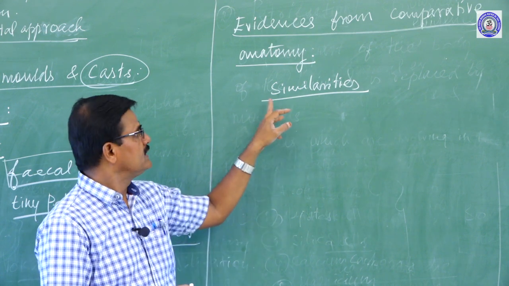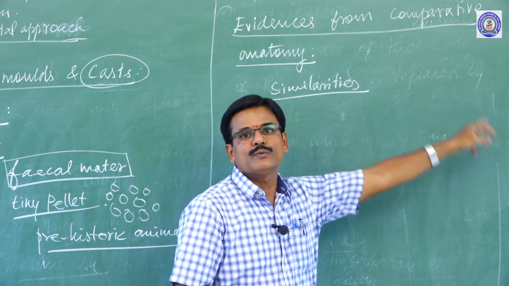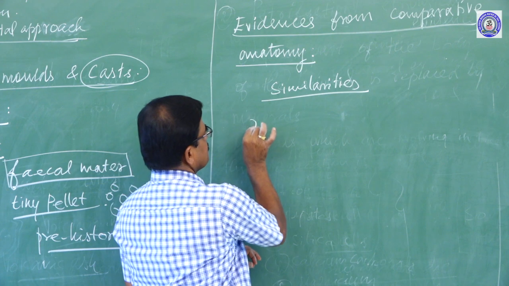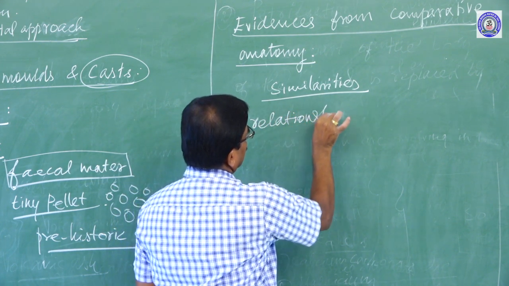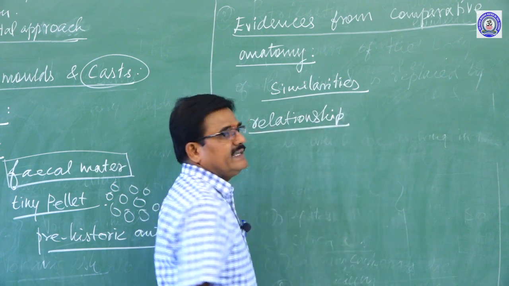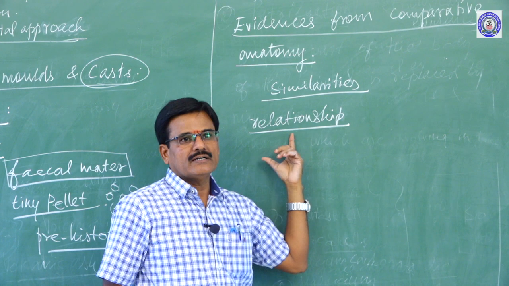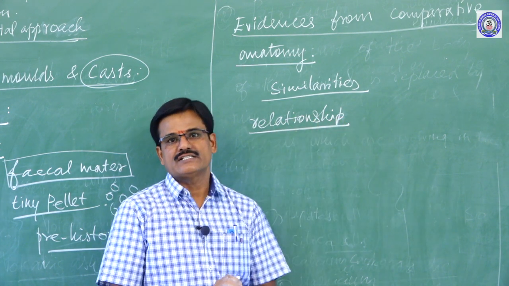Similarities found in different groups of organisms are indicators of relationship. If any characters are present in both groups of organisms, that indicates they have some relationship.